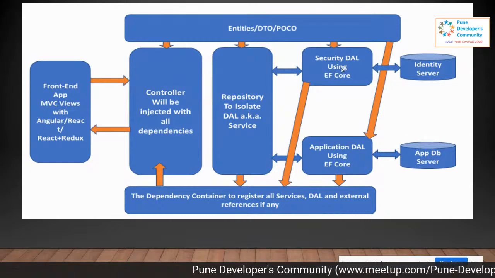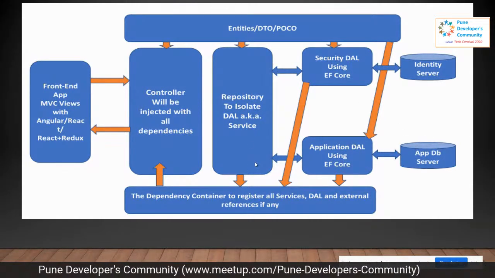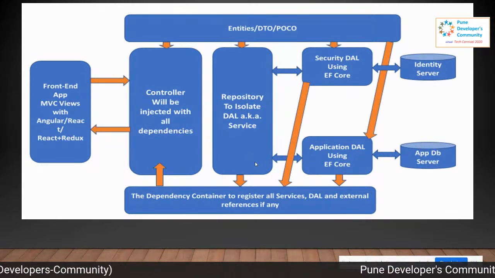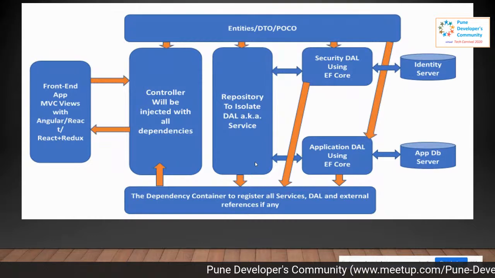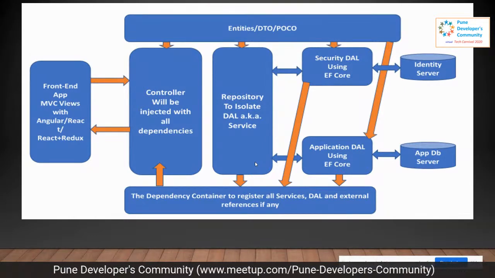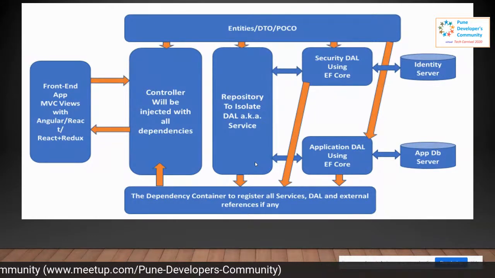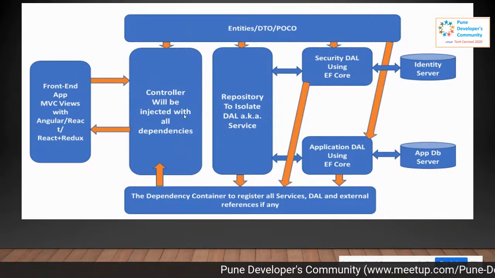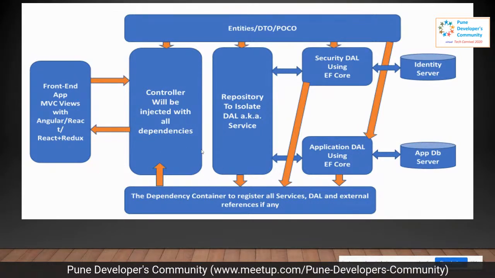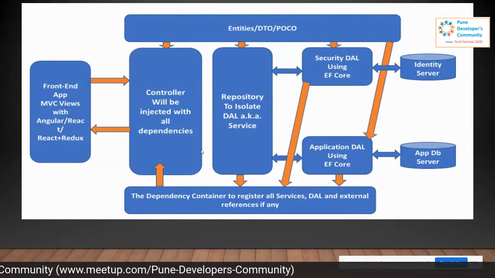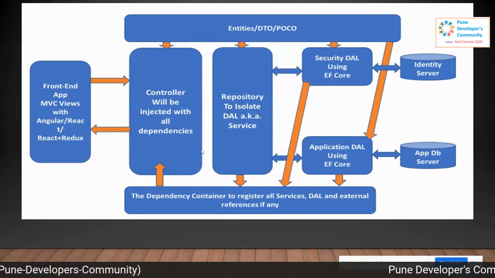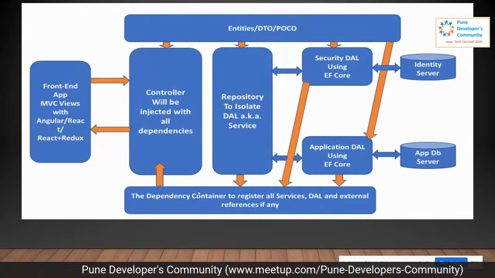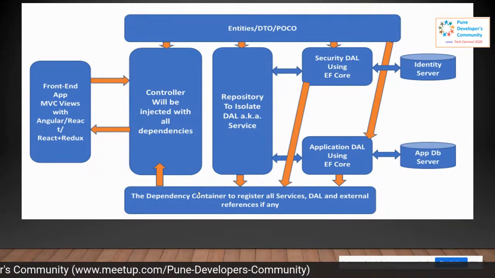So the security tier, application tier, and repository classes are all registered in the dependency injection container. Now the next thing is your API controllers, which will have the dependencies injected into them.